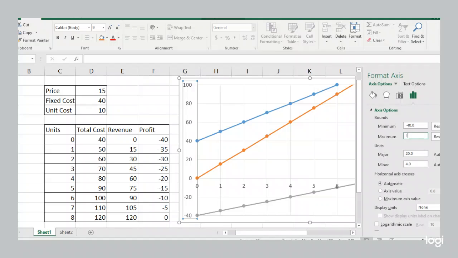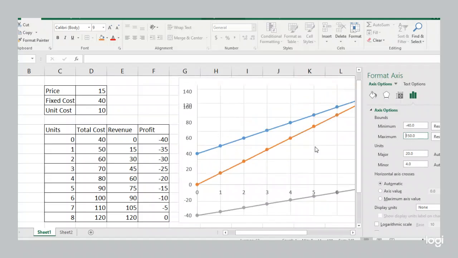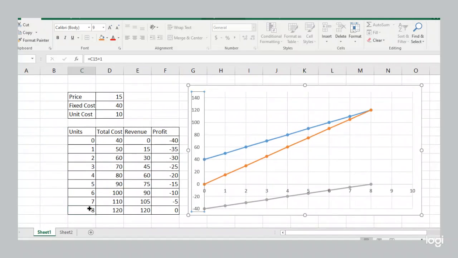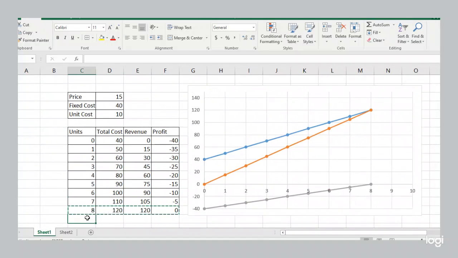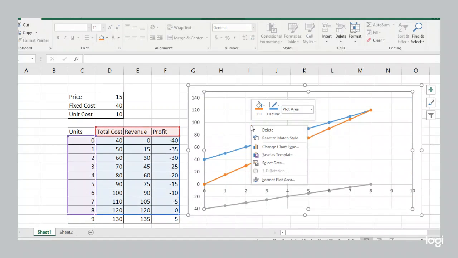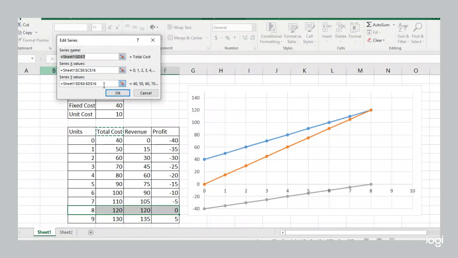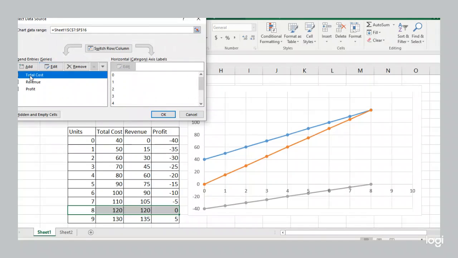It's now at 8. Let me increase the scale here so you can see that better. Let's make it 150. Okay, and let me just add another line here. Just a second.